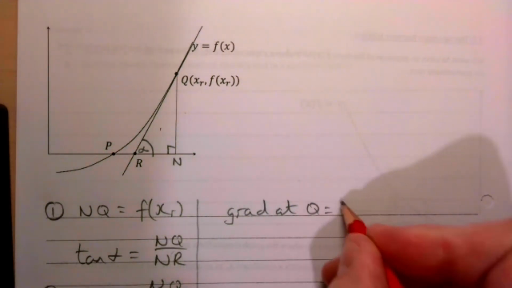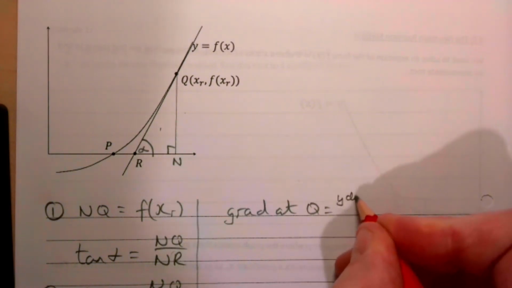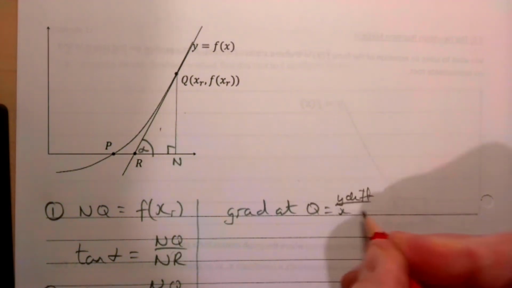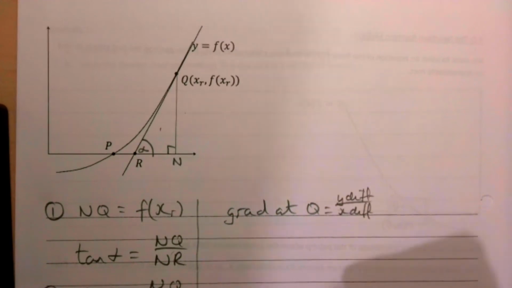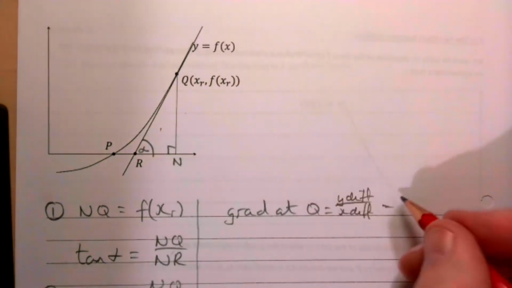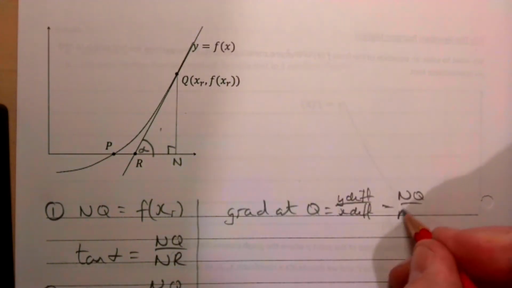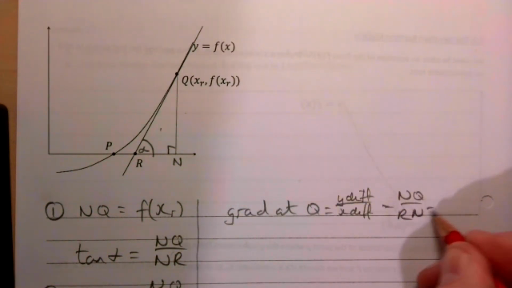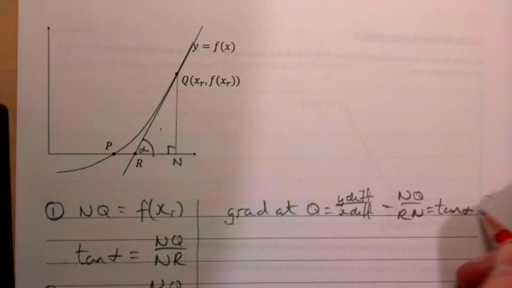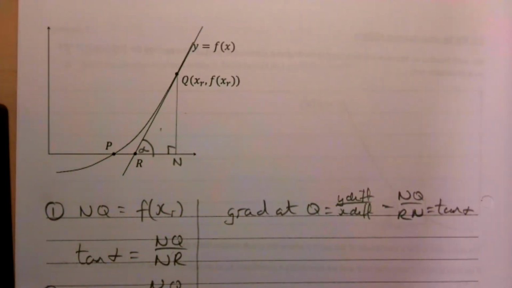Our gradient at the point Q is of course our y difference over our x difference, which is NQ over RN, which of course is tan alpha. They're just the same thing.